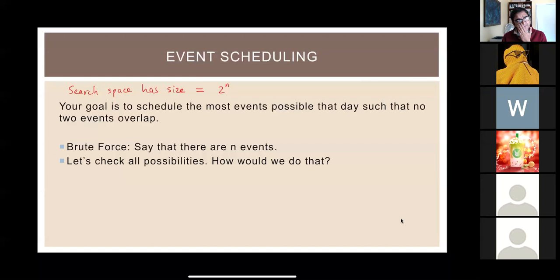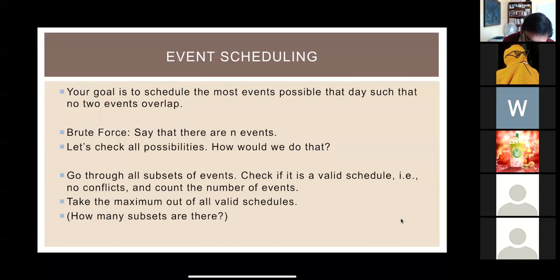So here we have this problem, and the search space is exponential. The number of subsets, if we were to look at all possible subsets of events, is 2 to the n. Why is that? Why are there 2 to the n possible solutions that we would need to check?